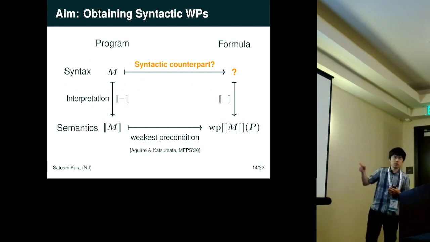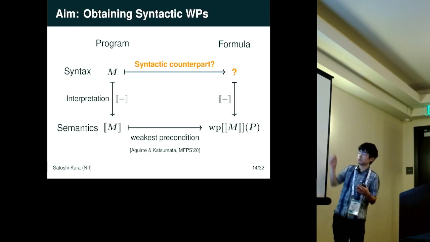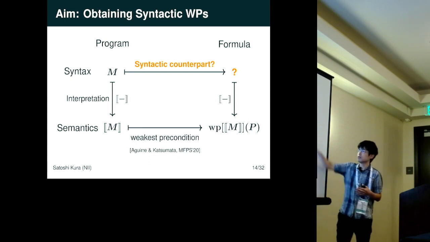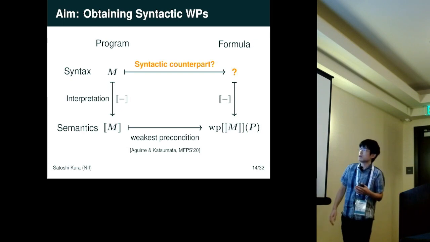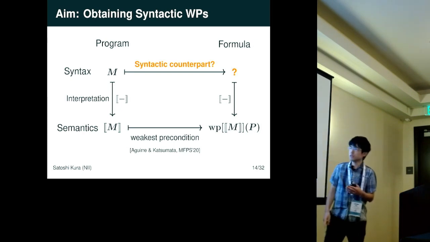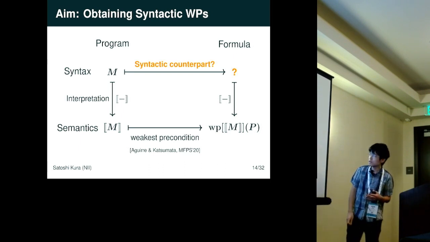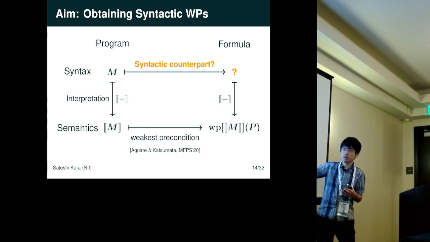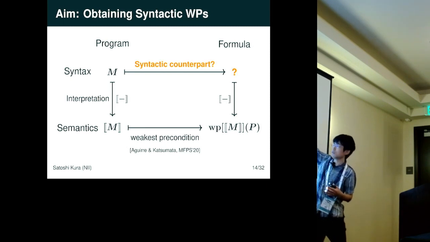Then, what exactly is the relationship between the existing semantics and the syntactic counterpart that we want? The relationship can be depicted like this. In this diagram, the upper half corresponds to the syntax, and the lower half corresponds to semantics. And we have a mapping from syntax to semantics, which is called an interpretation. In the existing work, generic weakest preconditions are defined in the semantics part. And what we want to know is the syntactic counterpart here.